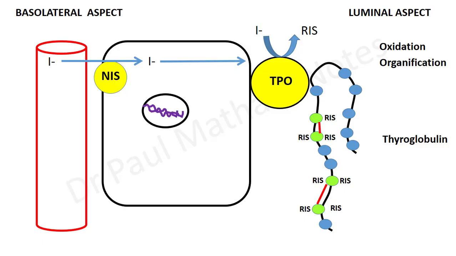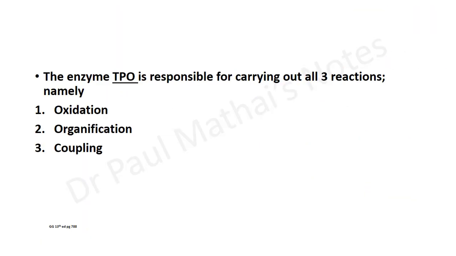This process is called coupling, and it is also a function of thyroid peroxidase enzyme. The result of coupling is, of course, the formation of T4 and T3. Hence, the enzyme thyroid peroxidase is responsible for carrying out all these three actions, namely oxidation, organification, and coupling.